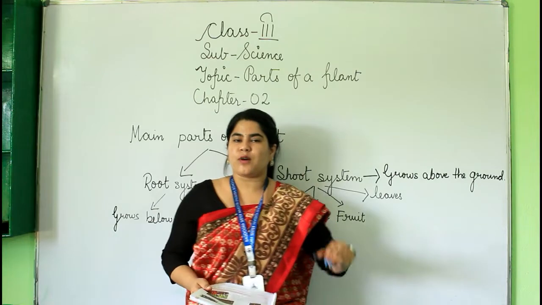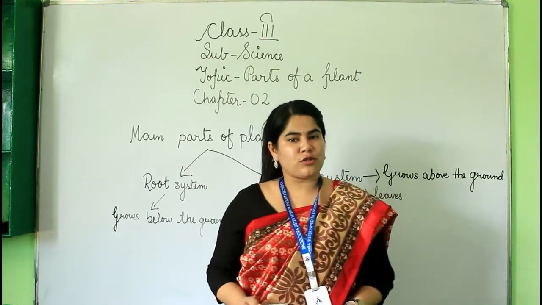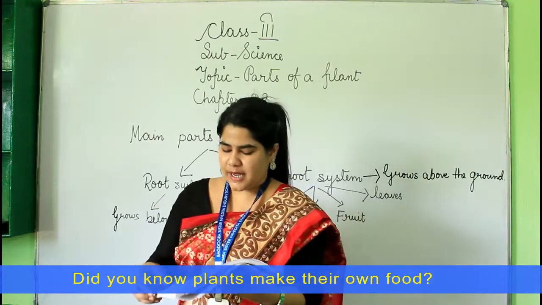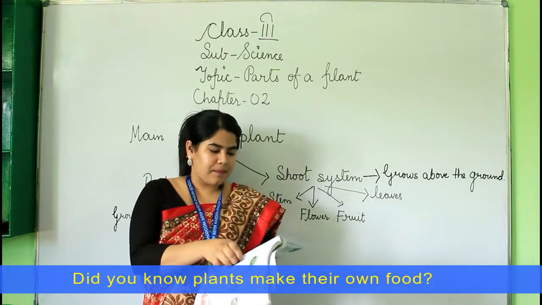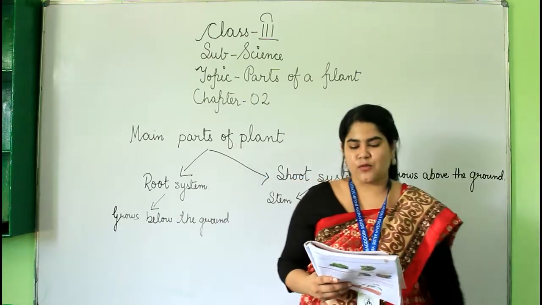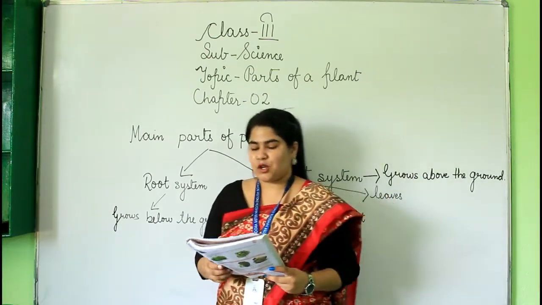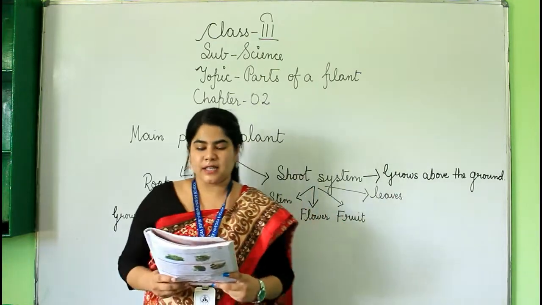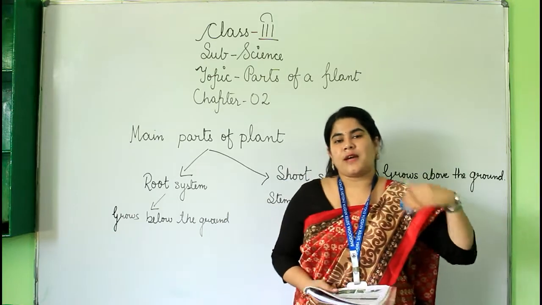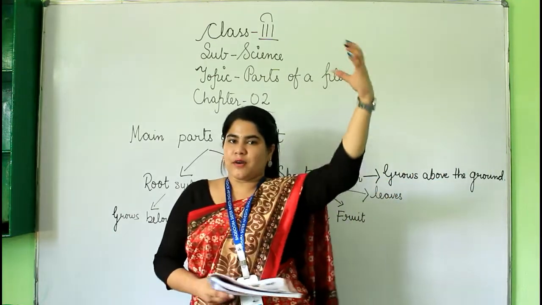Now tell me, what does a plant need to produce food? It needs sunlight, air and water. So turn the page, it's page number 16. It carries water and nutrients absorbed by the roots to the leaves and the other parts of the plant. As I told you, when we water the plant, we don't water it from upward.